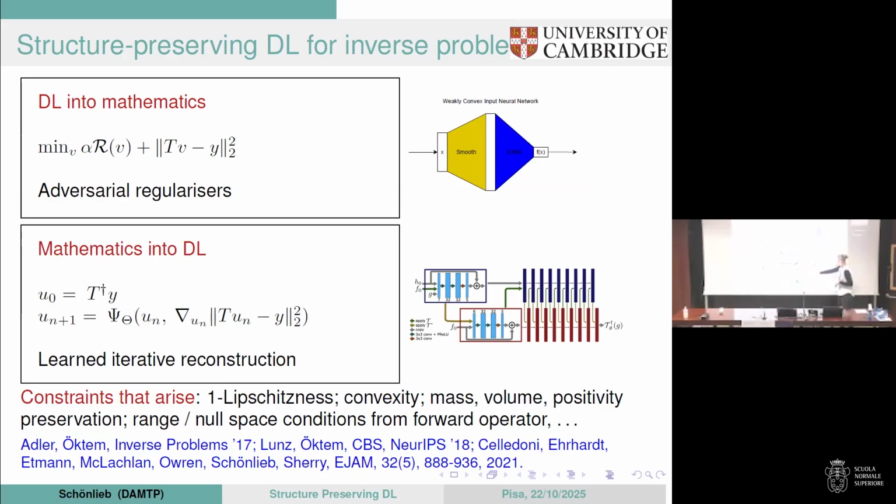And then maybe you have some additional physical properties about the solution that you want to impose, like mass, volume, or positivity preservation. And then there might be some additional conditions that just come from your forward operator, properties of your forward operator that you would like to make sure your solution fulfills or is aware of.